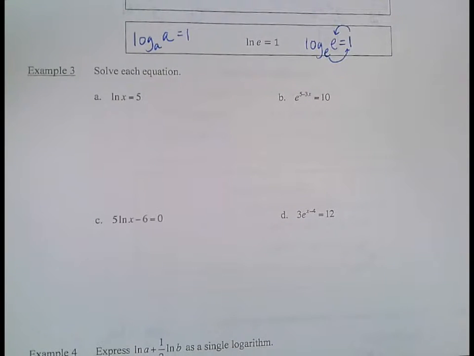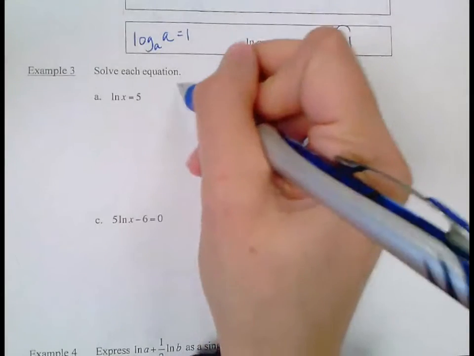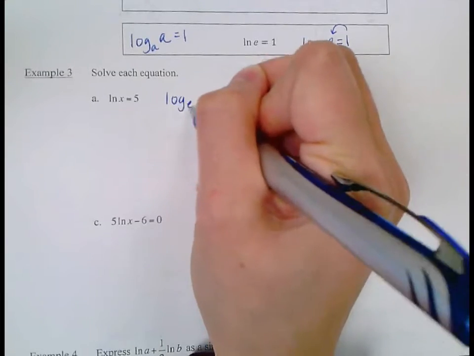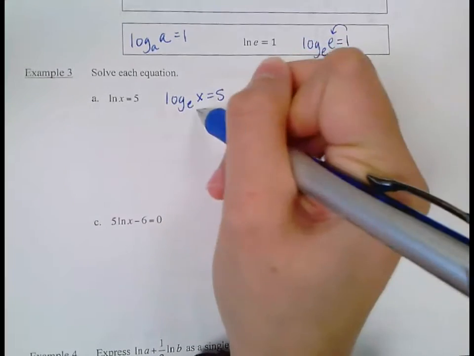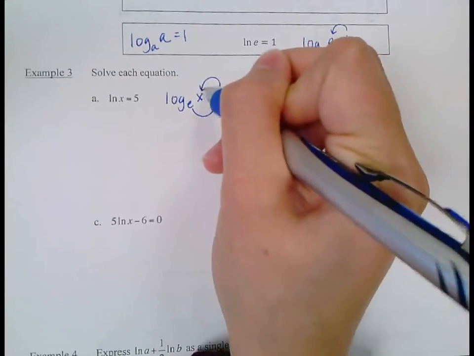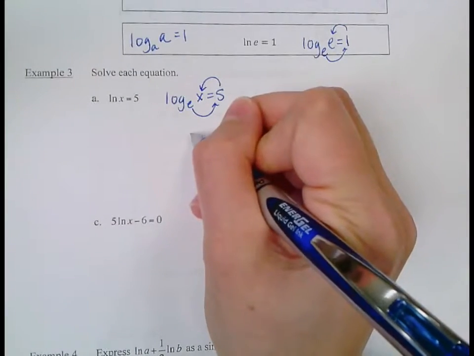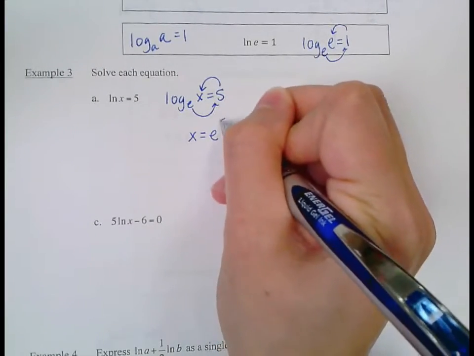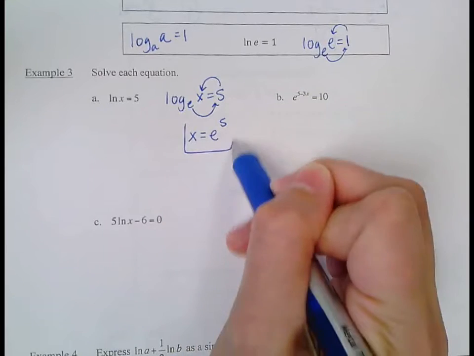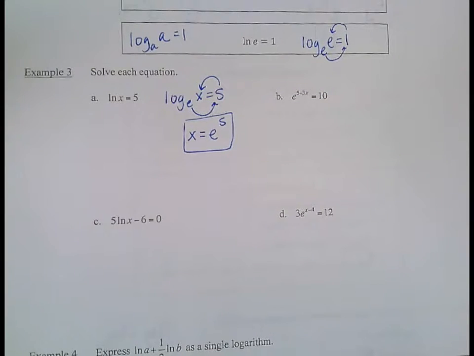Well, the answer is e to the 5th. And how are you getting? Oh, is it log base e of x equals 5? Yes. So e to the 5th would equal x, or x equals e to the 5th. So one way to solve it would be just to rewrite it in exponential form.